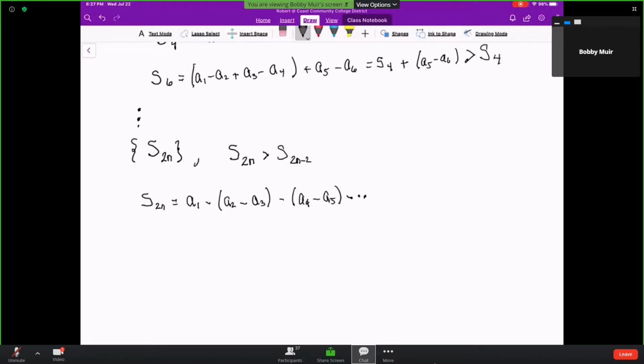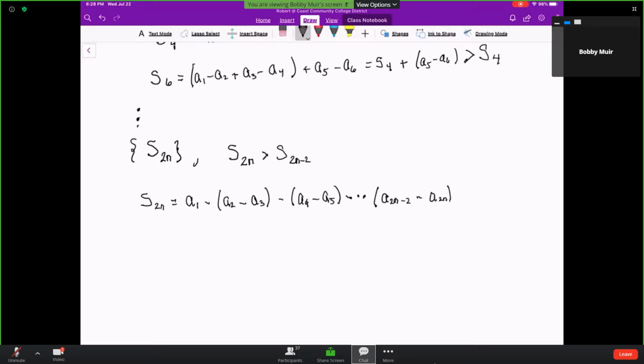Now here's this step. A sub 2n minus 2 minus A sub 2n.